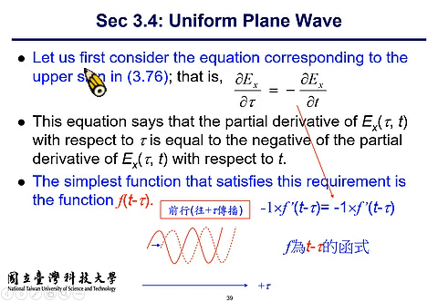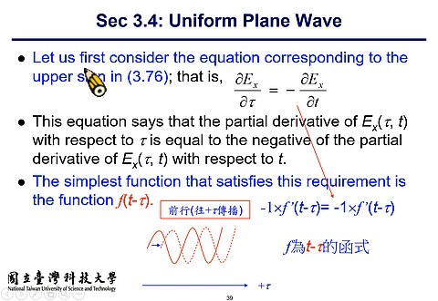Why? Because if the variable of the function is t minus tau, then if you perform a time derivative of f, it equals f prime, that is the first order derivative of the f function.